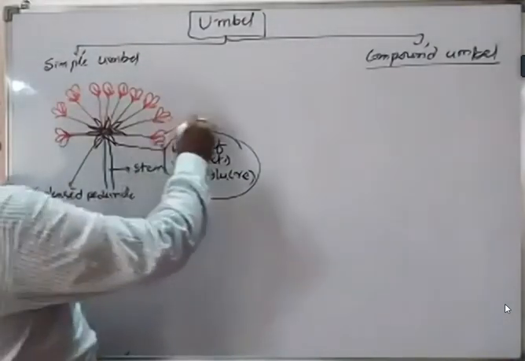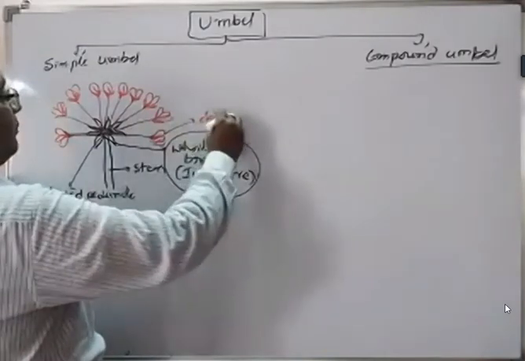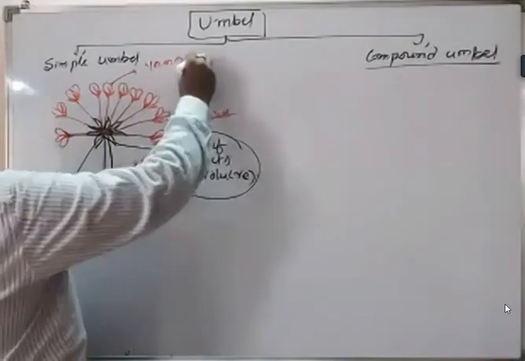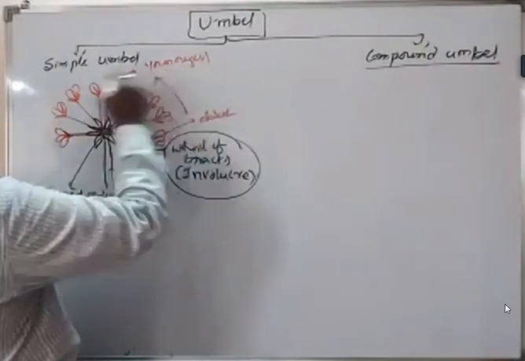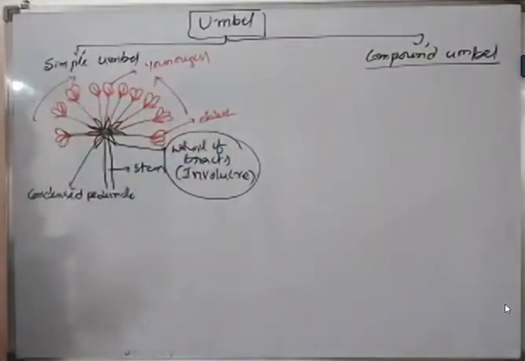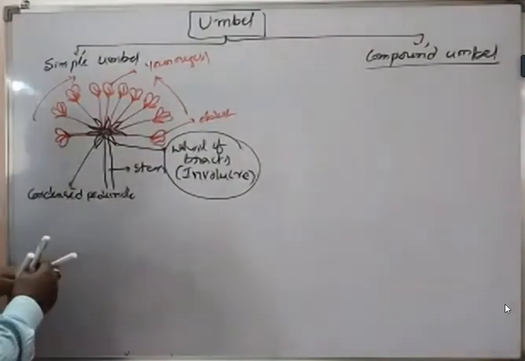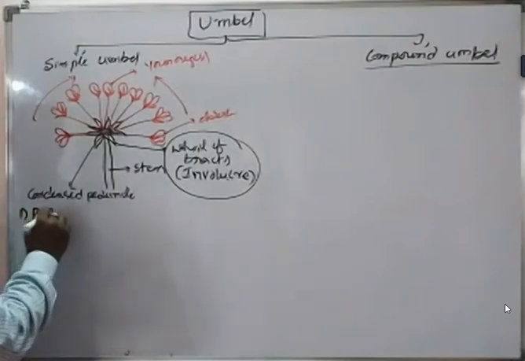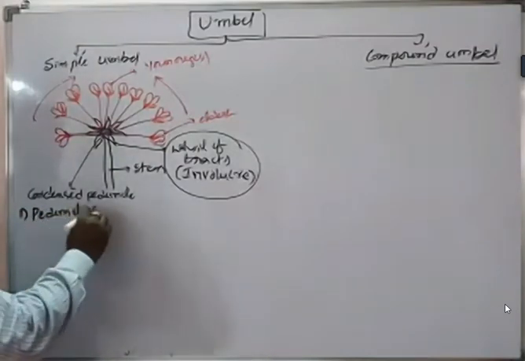Now this is the oldest flower and this is the youngest flower. Opening takes place from periphery to center. This is called umbel. So in an umbel, what kind of characters are there? Number one, the peduncle is condensed.